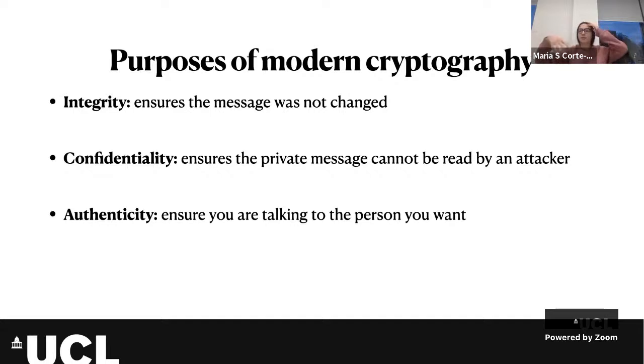Using the example from before, if you're buying something online, you want to ensure that your money is going to the correct person and not someone impersonating them. We're going to be focusing on authenticity in this talk.